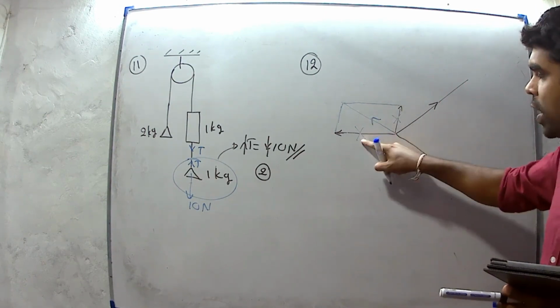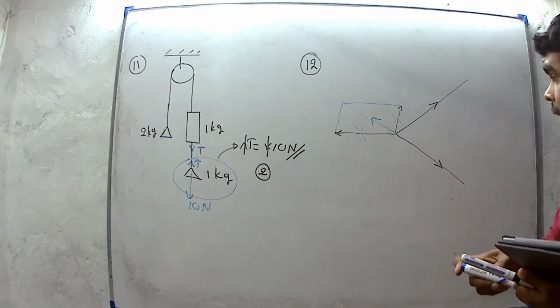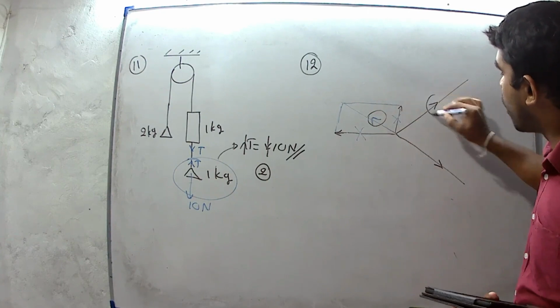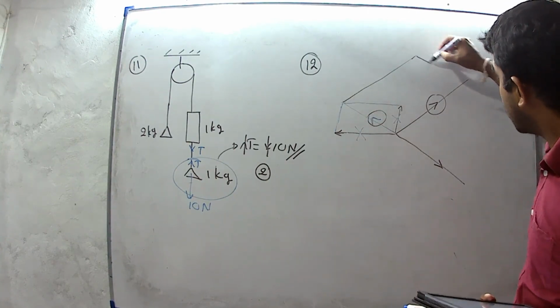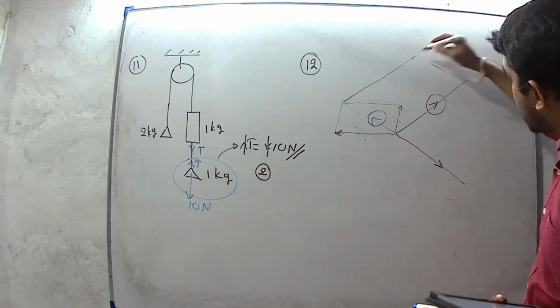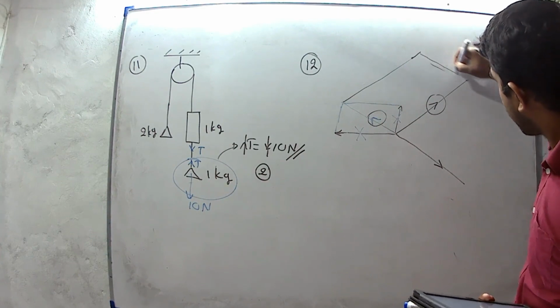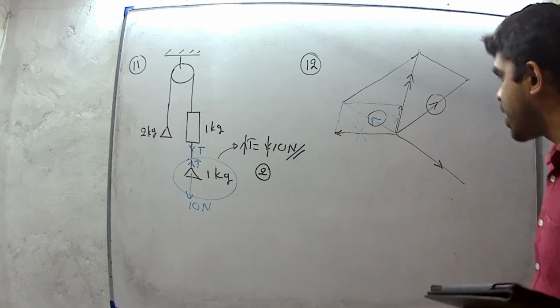Now we can remove these 2 forces and consider the resultant. And then we can consider the resultant force and this force. Then I will draw another parallelogram. Now it should be like this. The diagonal is in this direction.